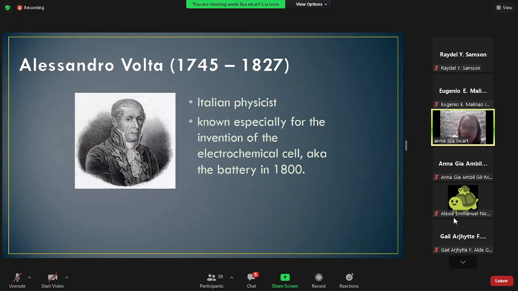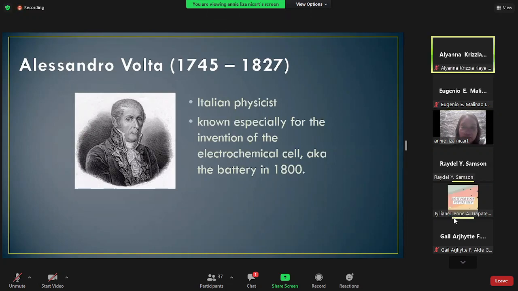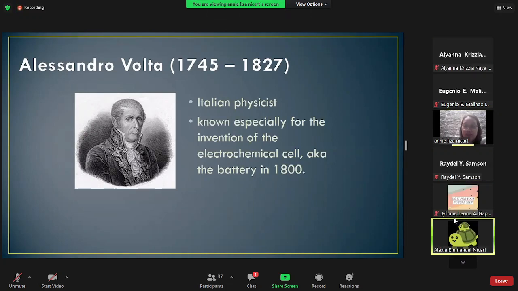So siya yung unang naka-imbento ng first battery, electrochemical cell, in 1800s. Again, ano yung na-invent ni Alessandro Volta? Electrochemical cell. Okay, electrochemical cell. Battery.